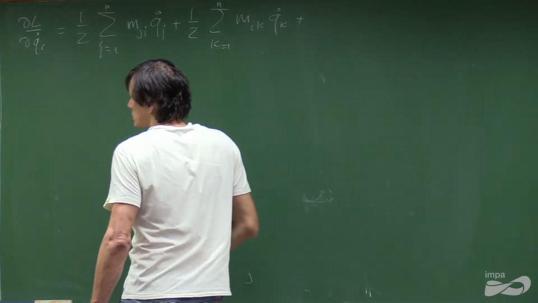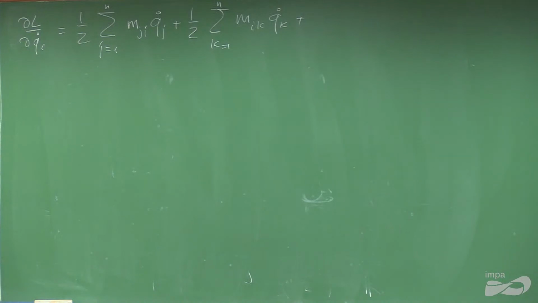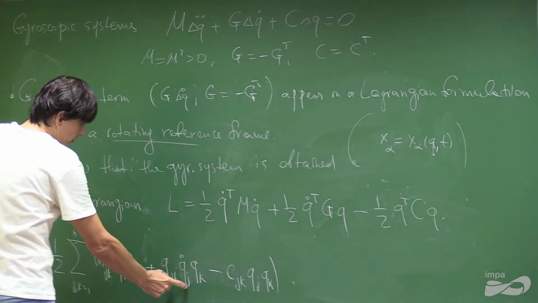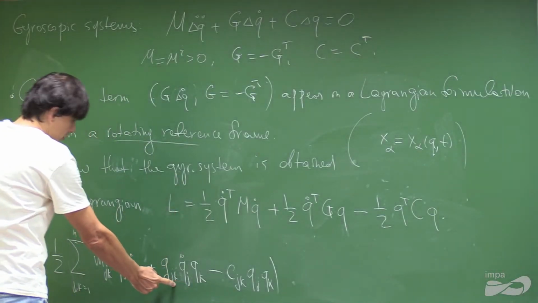And plus this sum we differentiate when j equals i, so it's in k.